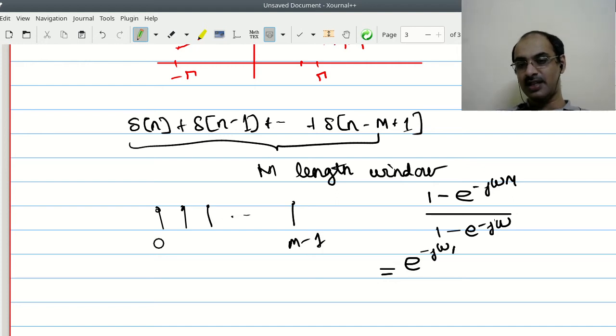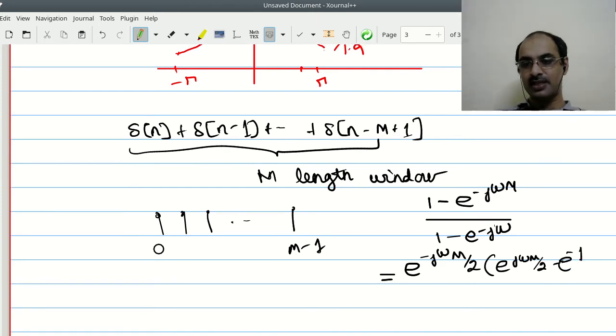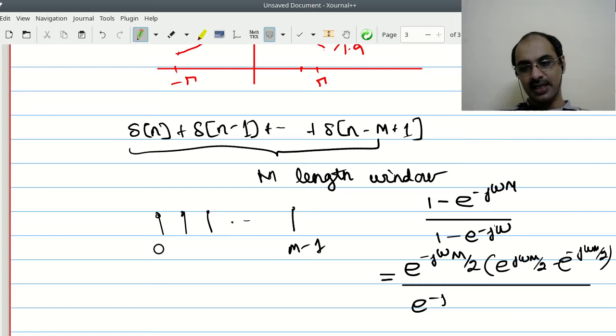You just take e power minus j omega m by 2 out, and the numerator you get e power j omega m by 2 minus e power minus j omega m by 2, upon e power minus j omega by 2 in the denominator, and e power j omega by 2 minus e power minus j omega by 2.